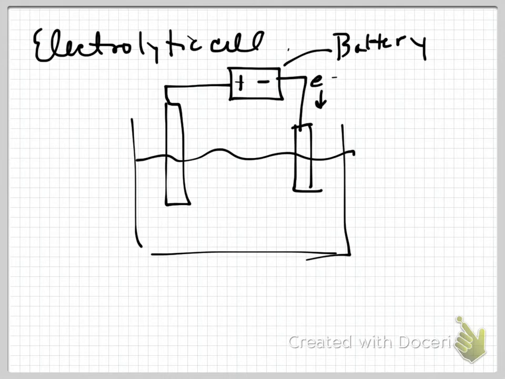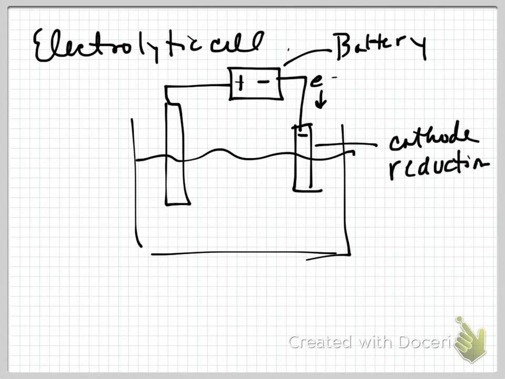The electrons flowing from here. This would be your negative electrode, which is the cathode in an electrolytic cell. Reduction is still going to take place there. Your positive is going to be your anode, and you're still going to have oxidation there.